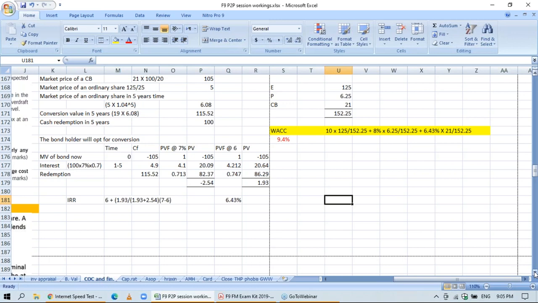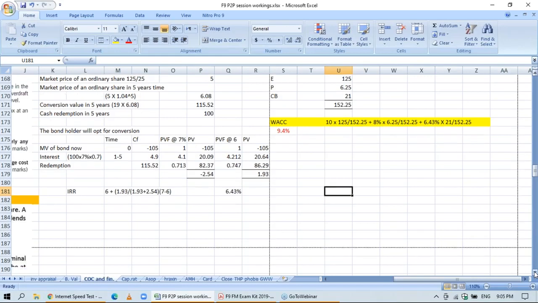So when we take interest over there and we take 70% of it, it means that we are taking tax WACC.